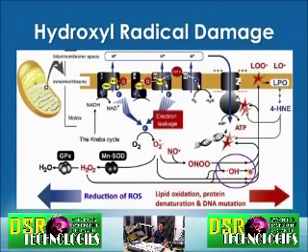Hydroxyl radicals are the damaging free radicals. These are the ones that go and damage DNA, lipids, as well as proteins such as ATP synthase. And when the damage occurs, the mitochondria don't work as effectively, and this damage spreads to other areas of the cell.